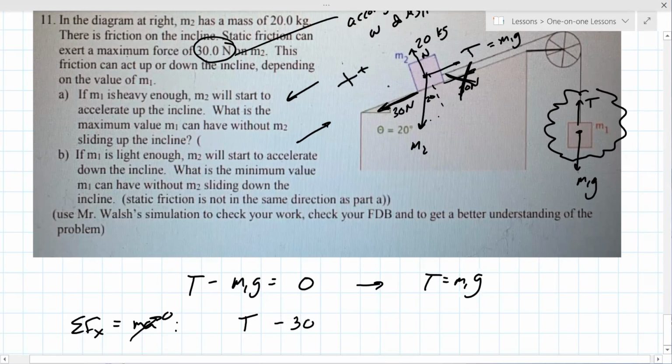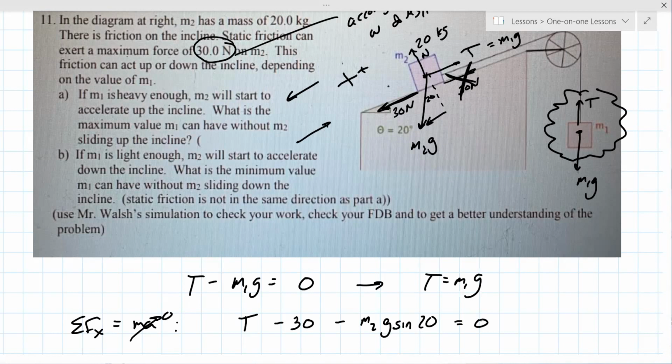Minus the 30 newtons, because that's opposing, it's going that direction. Minus, and then this is where you have to break that M2G into its horizontal and vertical components. So we got M2G sine 20 equal to 0.